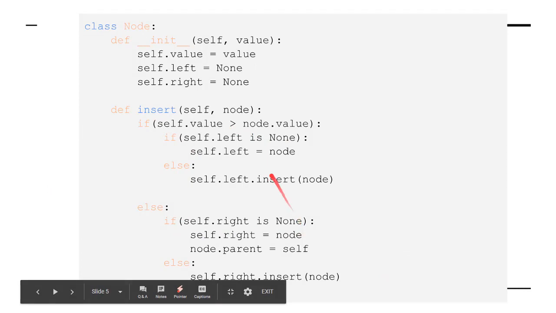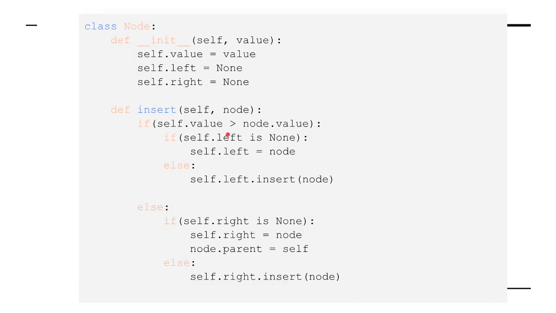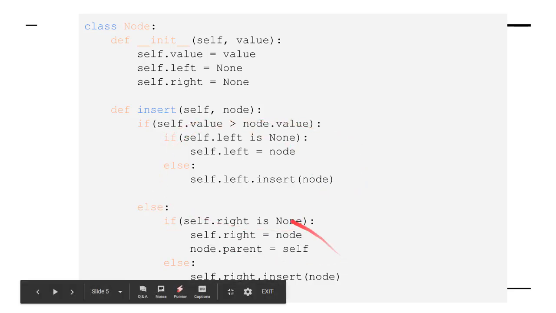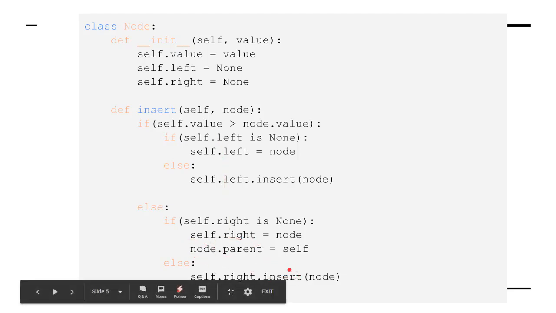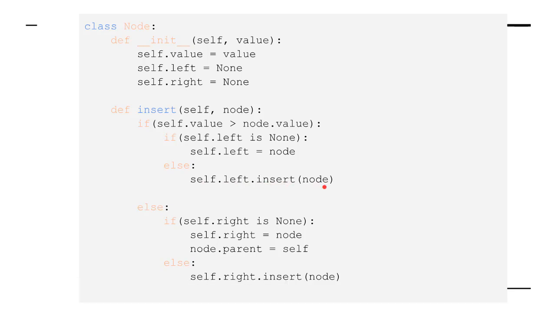What's happening exactly in this function is that it will check if the value of the node is greater than the value of the current one. If it is greater, then we'll put the node we are inserting in the left subtree. Otherwise, we will put it in the right subtree. This step right here is a recursive call.